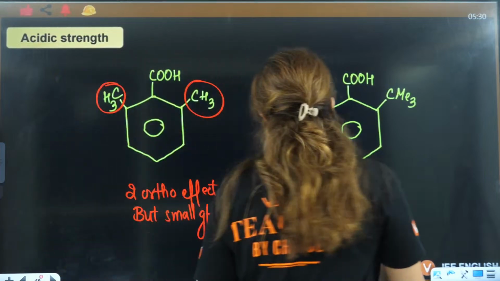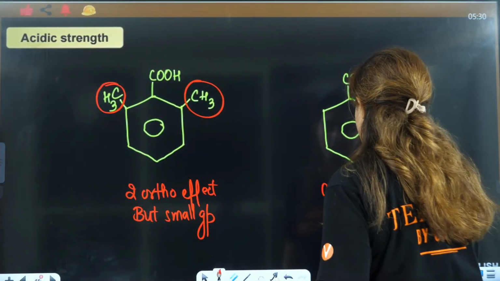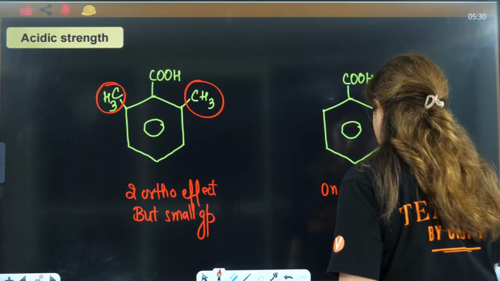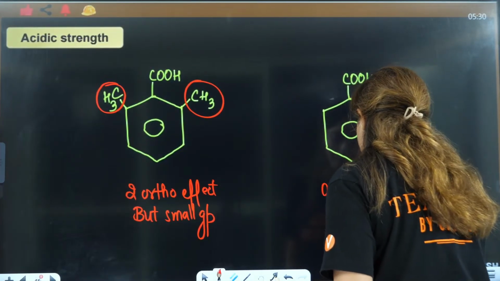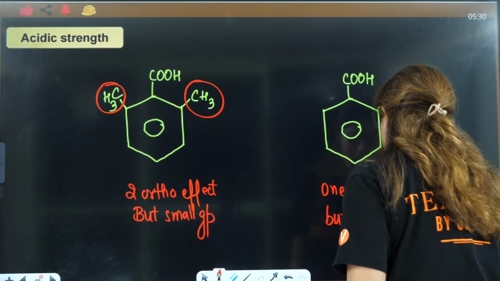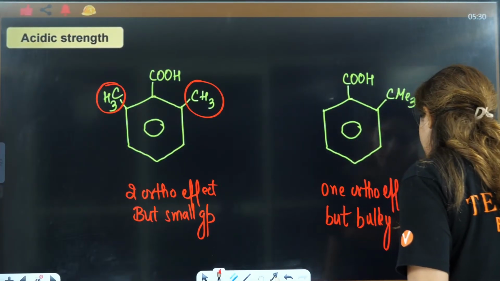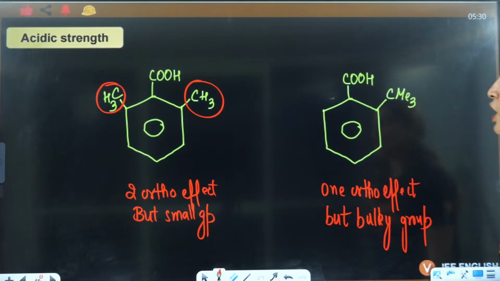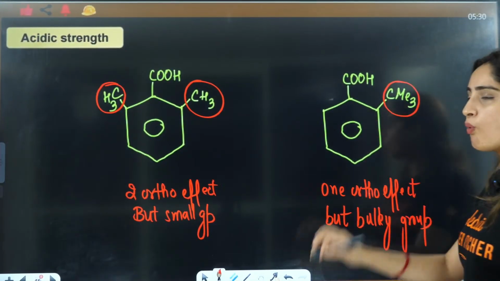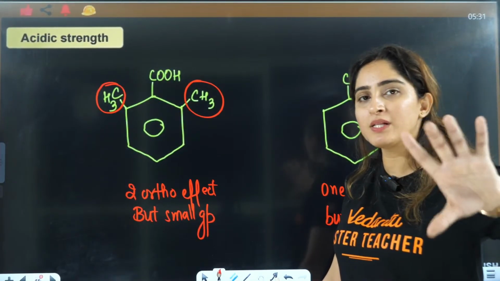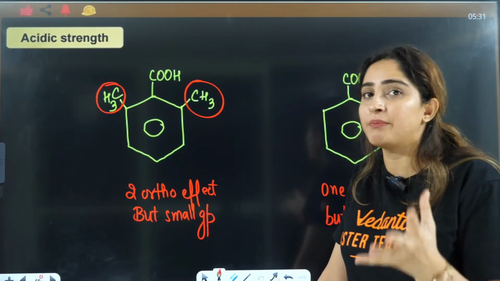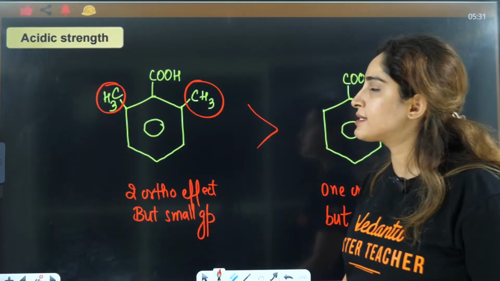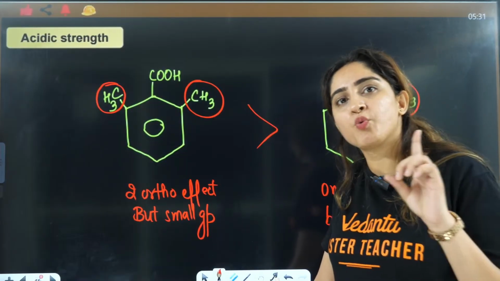Here you have one ortho effect, but a big, bulky group, really bulky. So firstly you will see the number of ortho effects. The one which has more ortho effects will be more acidic, right? More ortho effects, more acidity.